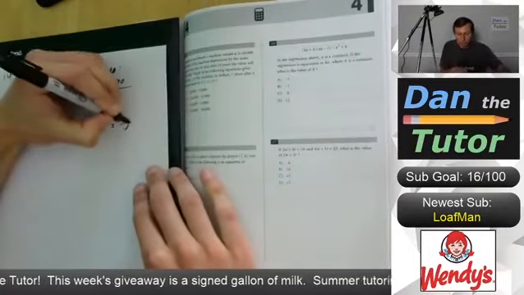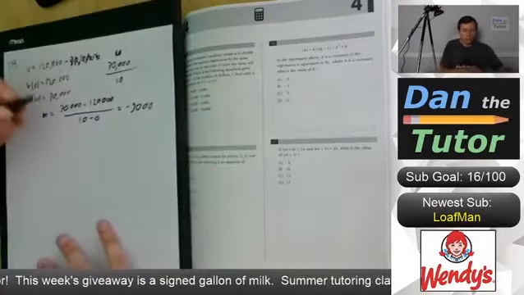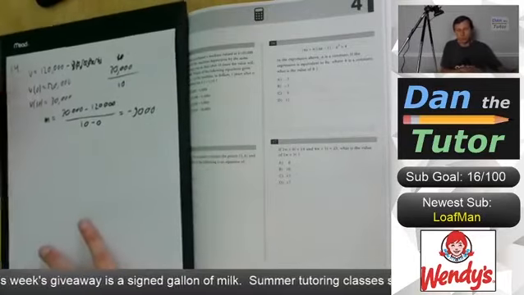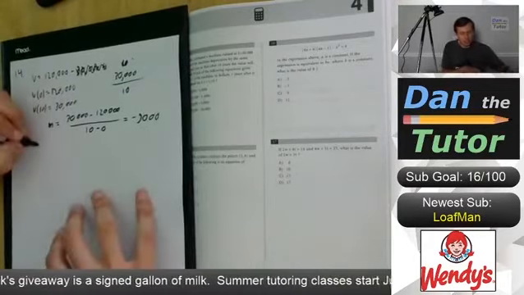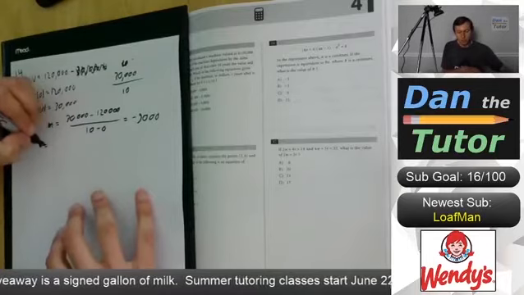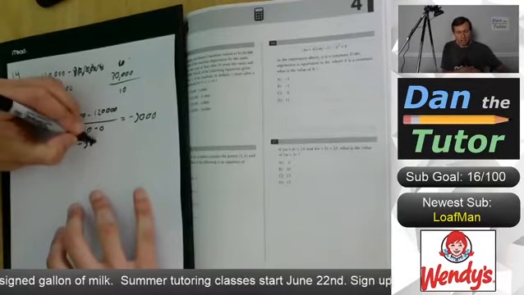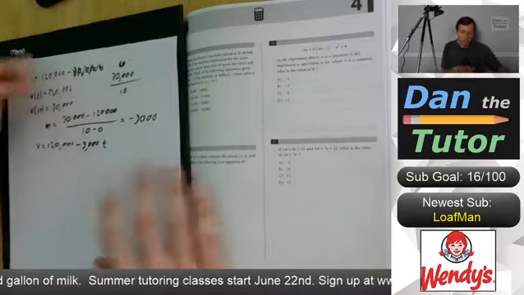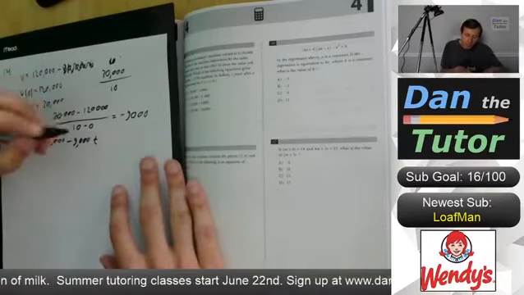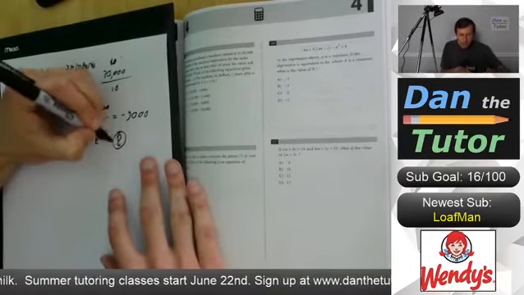That's what negative 9,000 is showing up. And so then we have the slope. We have the y-intercept is 120,000. We can easily solve this. So V is equal to 120,000 minus 9,000 t, which is answer choice B. Cool.